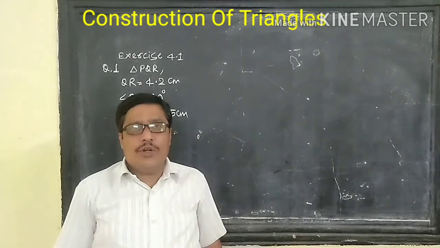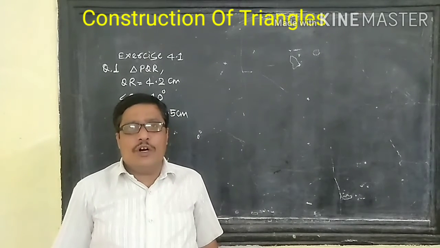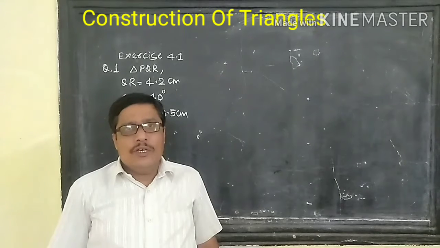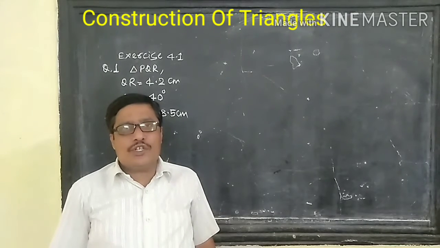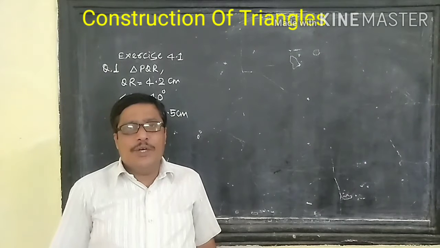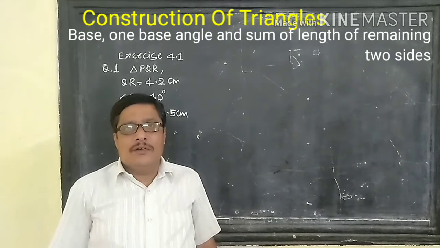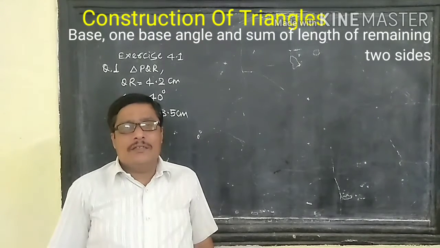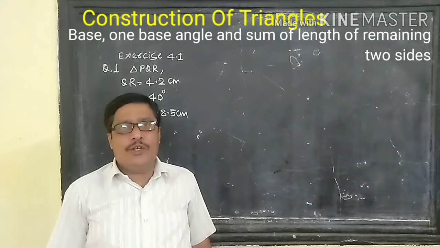Students, now we are going to learn about construction of triangle. So here the first way of construction of triangle is by using one base angle and sum of length of remaining two sides.